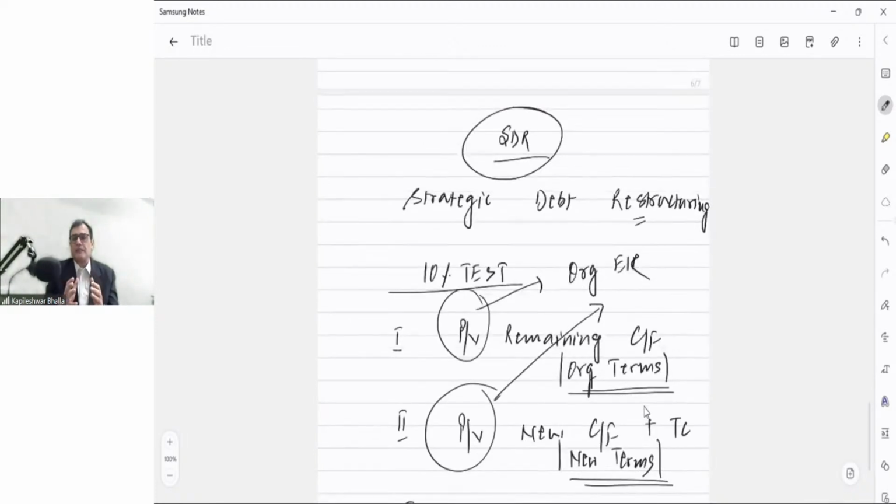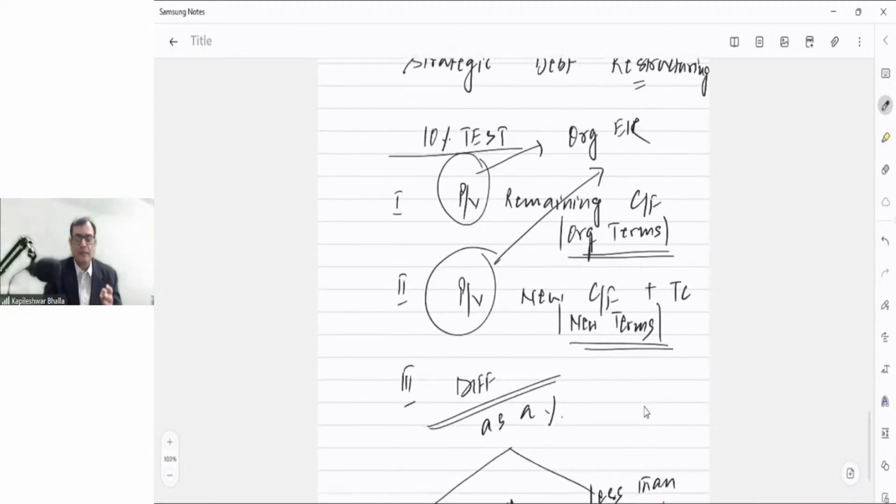You need to, in the first instance, apply a 3-step model. First, calculate the present value of the remaining cash flows based on original terms. Then calculate the new cash flows based on the new terms, use a common discounting rate, the original EIR itself, and then express the difference between step 2 and step 1 as a percentage. Basically the intention is to look at the changes in the materiality levels of the cash flow.